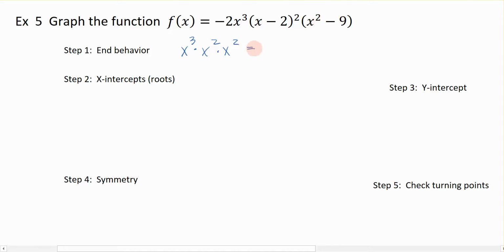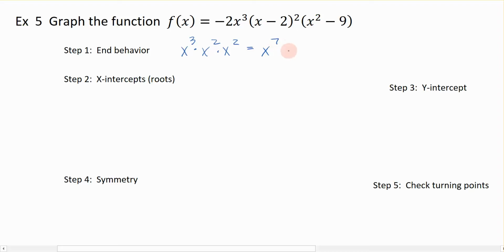Now, what happens when the bases of my exponents are the same? What do I do to the exponents? You add the exponents. So this is 3 plus 2 is 5, plus 2 is 7. If I were to expand this polynomial, the highest exponent is going to be a power of 7.